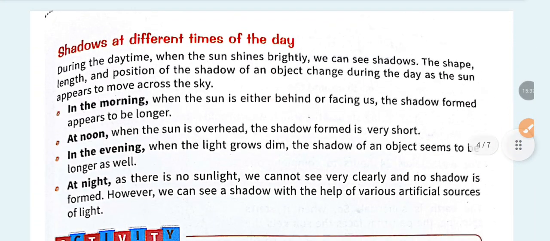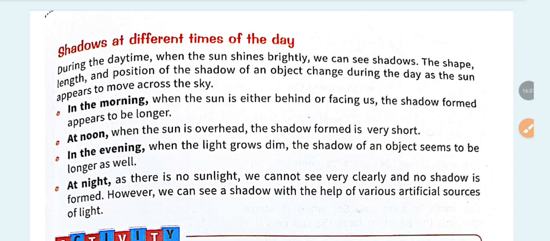Now there are different kinds of shadows formed at different times of the day. Well, in daytime, when the sun shines brightly, we can see shadows in different shapes and lengths, and the position can be different during morning, noon and evening, because the sun is at different positions and appears to be moving across the sky.